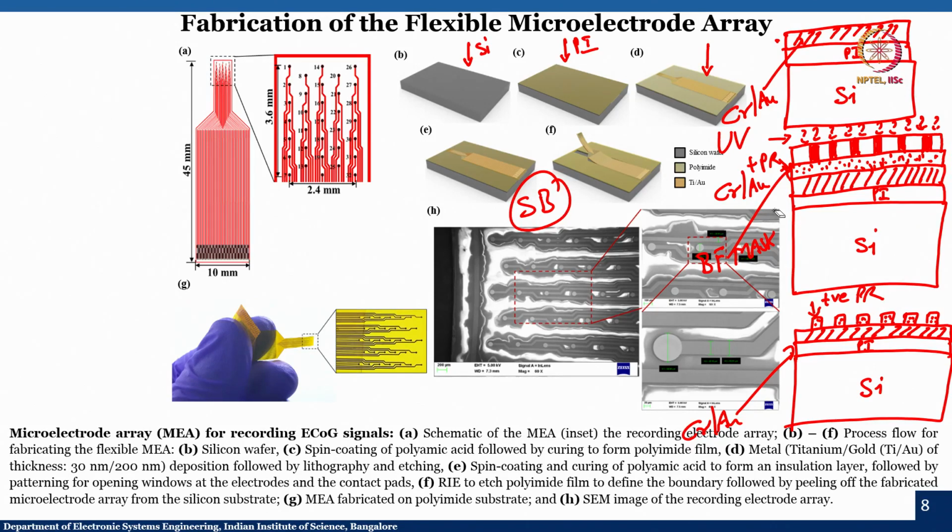Once you have this, you have to perform the hard bake. Hard bake is done at 120 degrees centigrade for 45 minutes on a hot plate. After the hard baking, you dip this wafer in gold etchant, followed by chrome etchant.